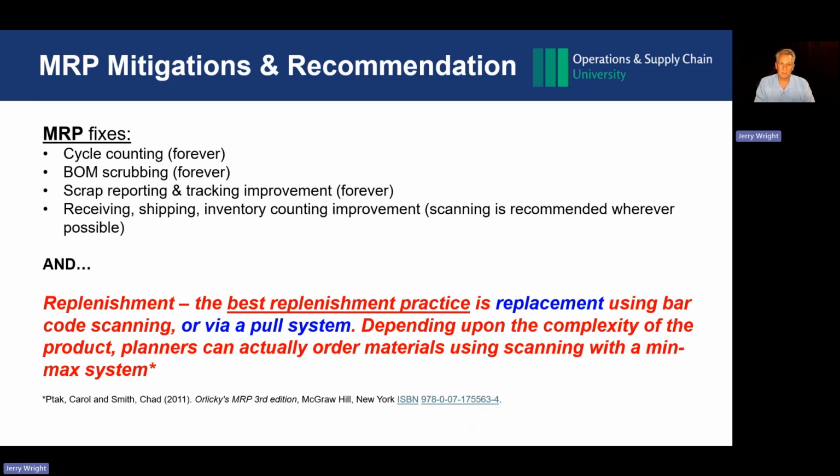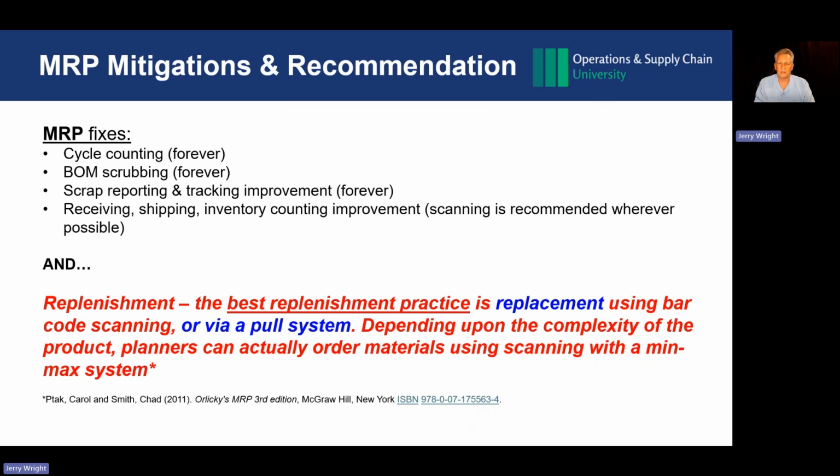You have to have good scrap reporting and scrap percentages, and again, you're going to do that forever. Receiving, shipping, inventory counting, and improvement are all necessary all the time. Barcode scanning is recommended wherever possible. But here's the reality, and this is from the undisputed experts in material requirements planning.